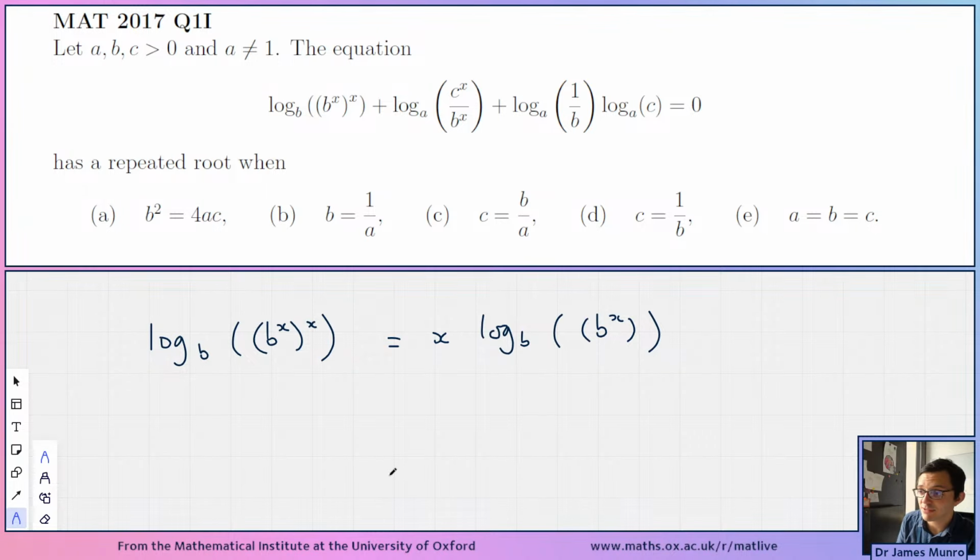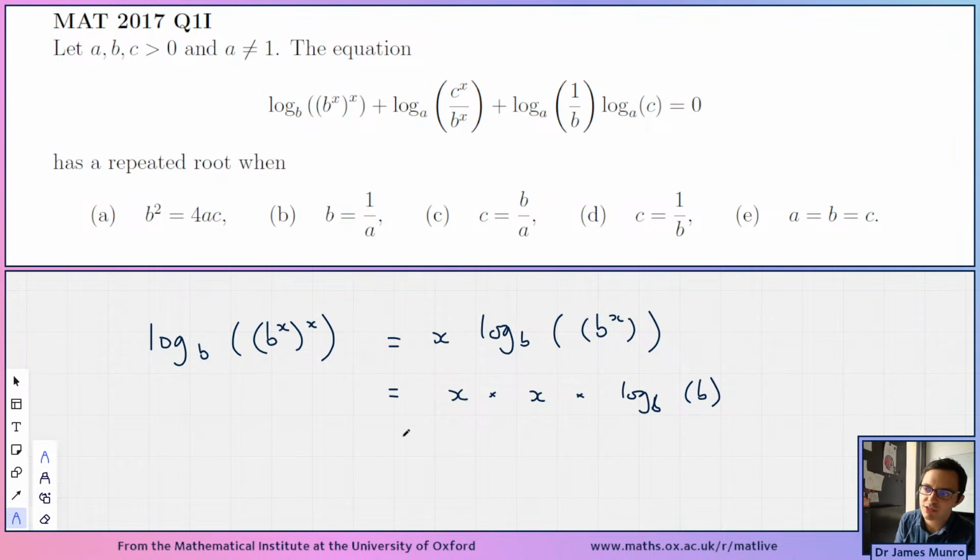We could do that again, because this is this. And so far, the base hasn't mattered, because this general rule about moving exponents out is true for any base. But maybe now I notice that, oh yeah, look, log base b of b, what number do you raise b to in order to get b?